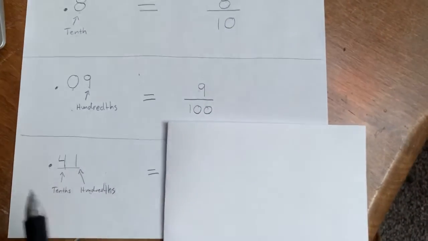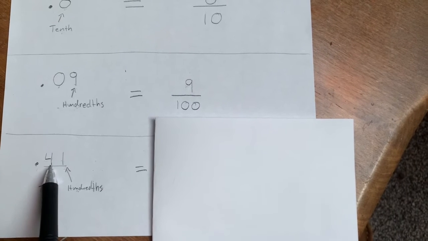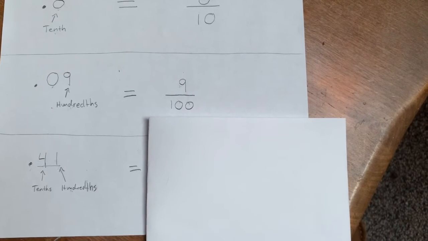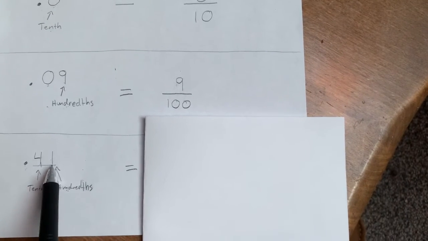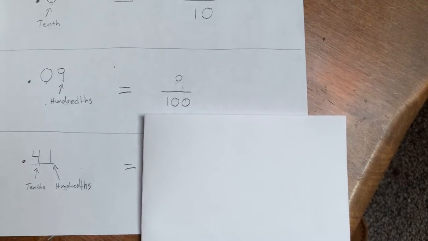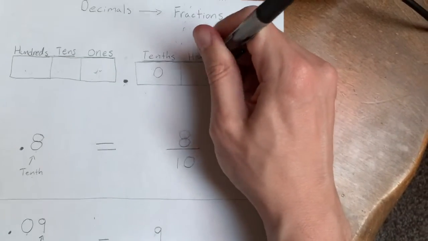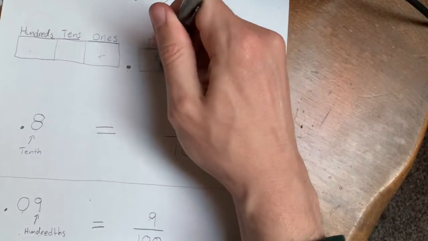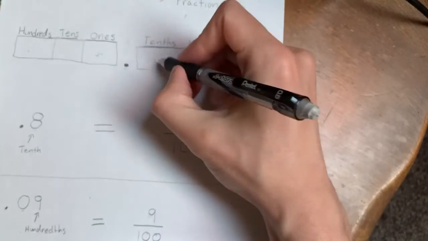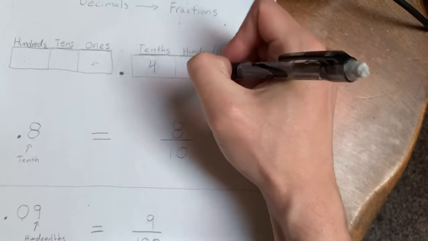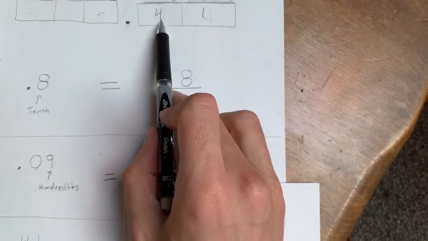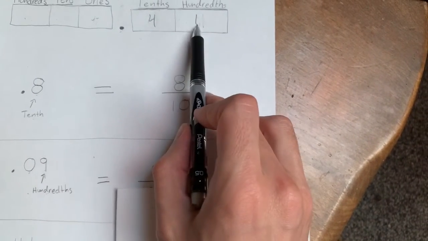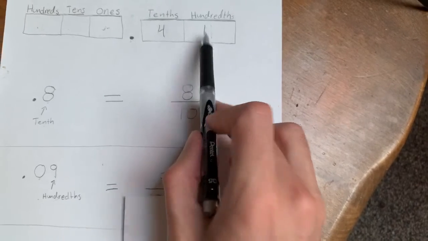Now, some problems you'll see we have a number like this. We have a 4 in the tenths place and a 1 in the hundredths place. So let's write that up the top. All right, so we have 4 tenths and 1 hundredths.